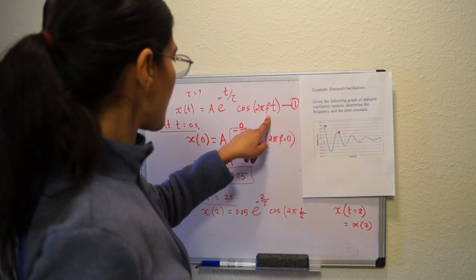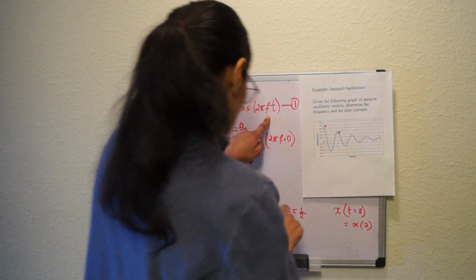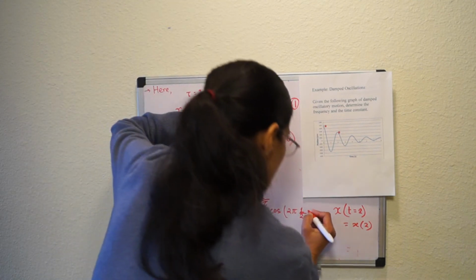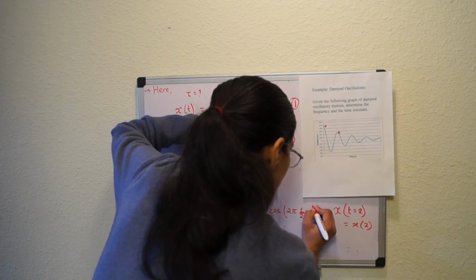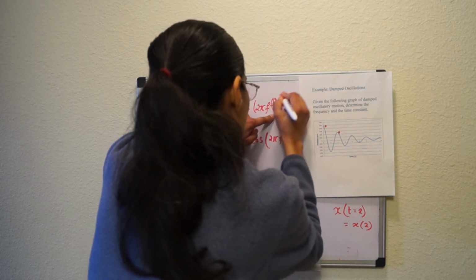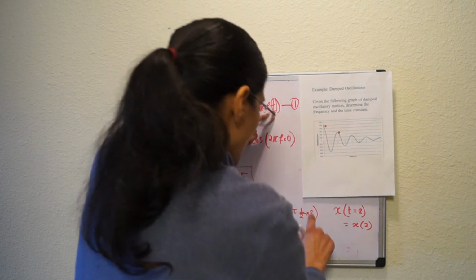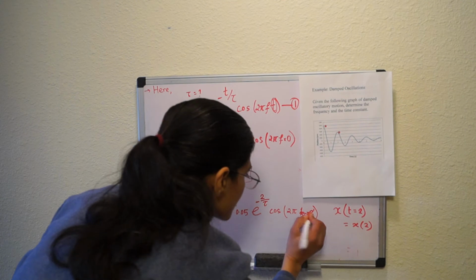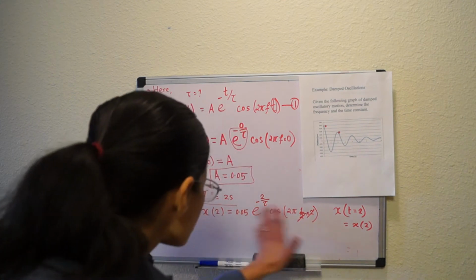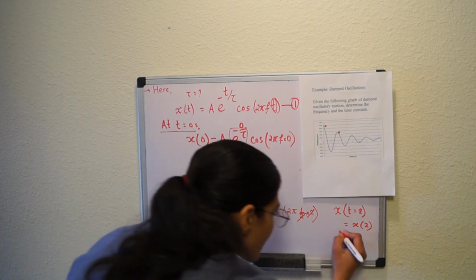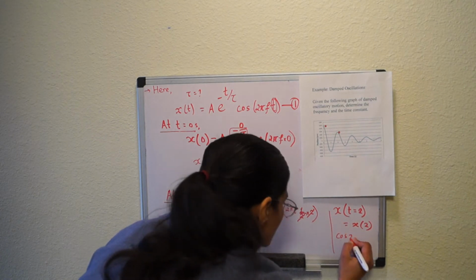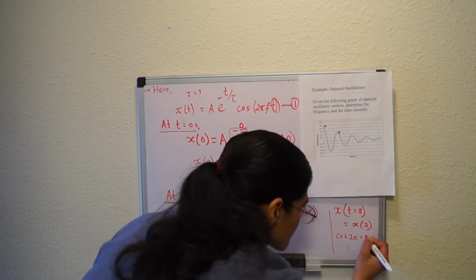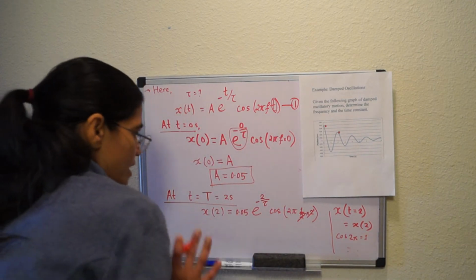In place of t, we replace it with the capital T, 2 seconds. So these two cancel, and we have cos 2 pi, which equals cos 0, which equals 1, so we don't have to write more.